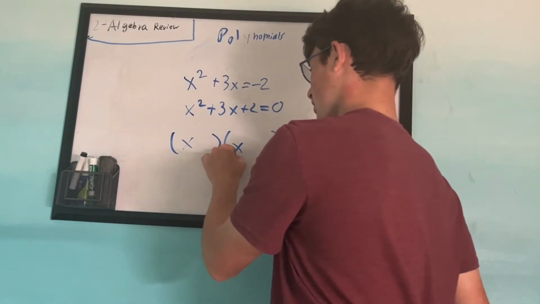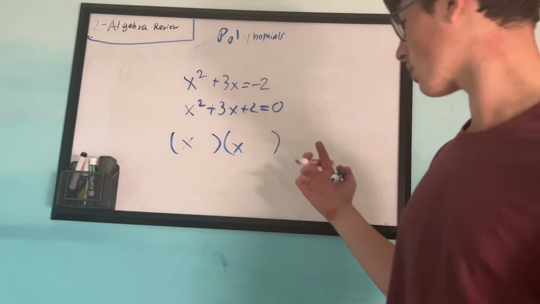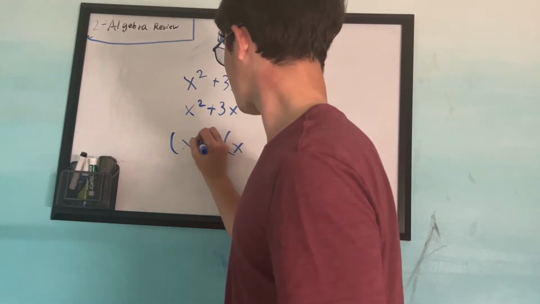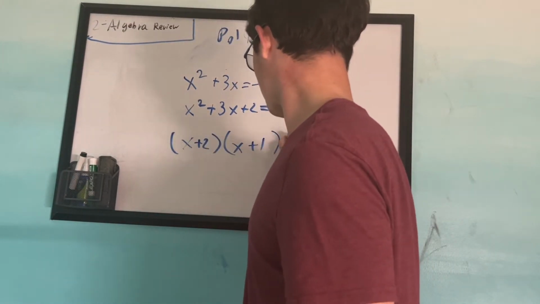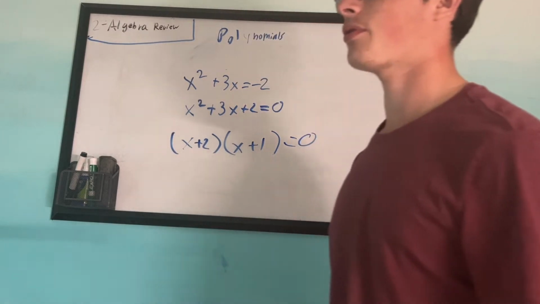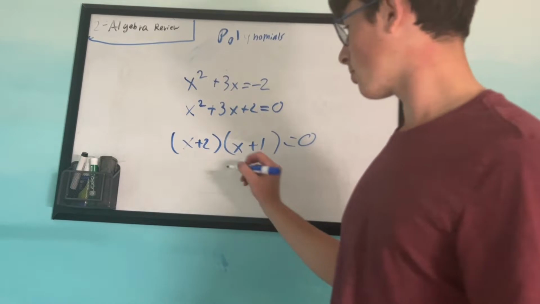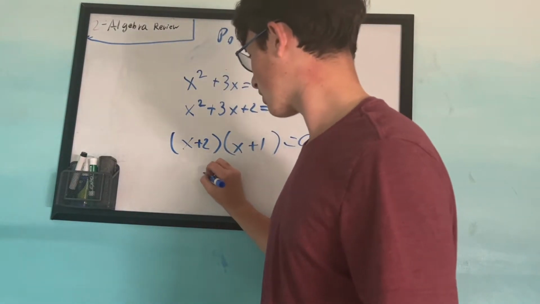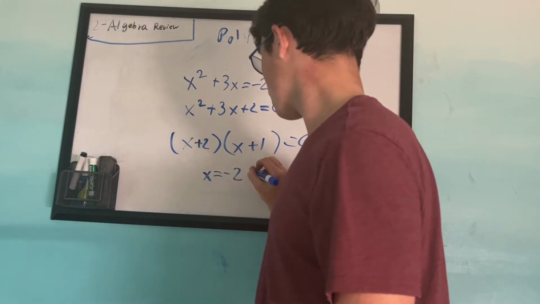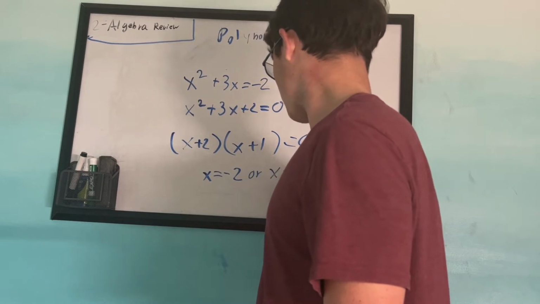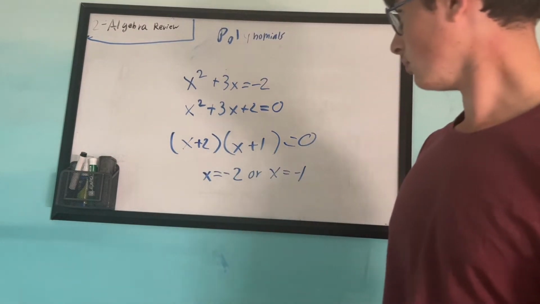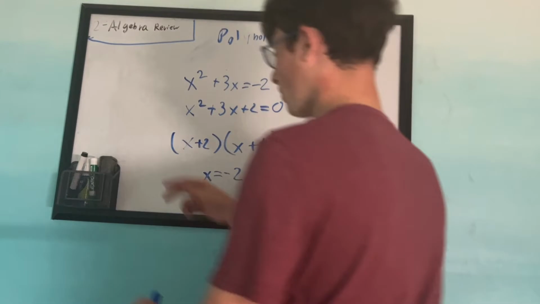First, outside, inside, last. And in this case, it's x plus 2 and x plus 1 equals 0. And then if you remember the law of zero products, we can say that means that x equals -2 or x equals -1.